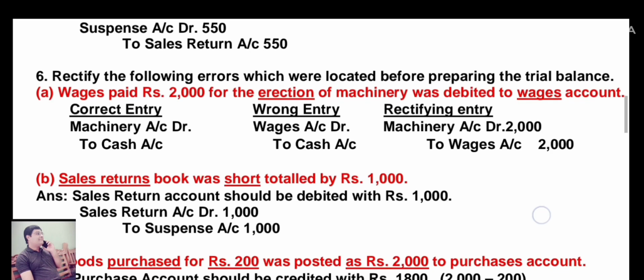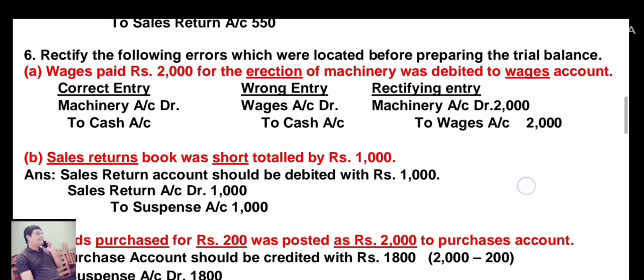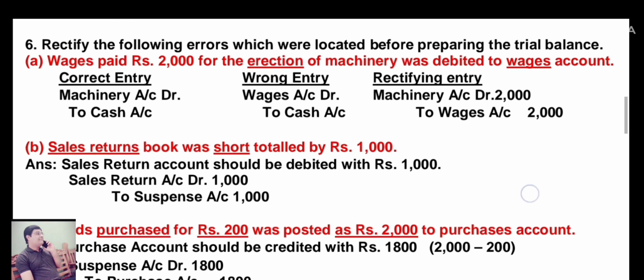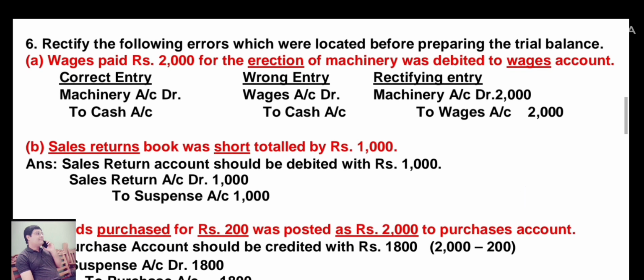Now sum number 6. From sum number 6 onwards, you have to see each and every entry very carefully, because in many places it is a one-sided error, sometimes a double-sided error. One-sided error means only one account is affected. Double-sided error means two accounts are affected. Now we'll see what error has been made in this entry.